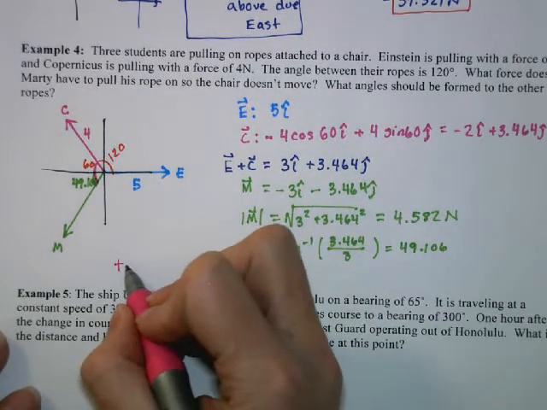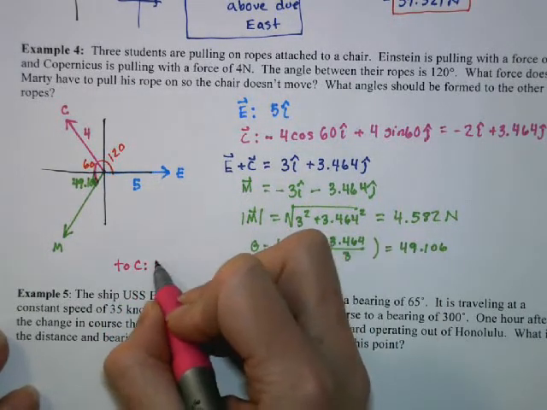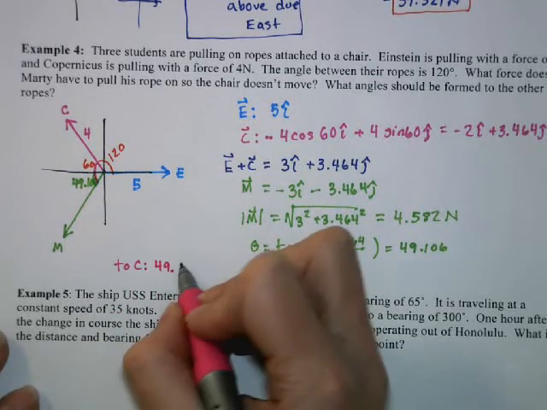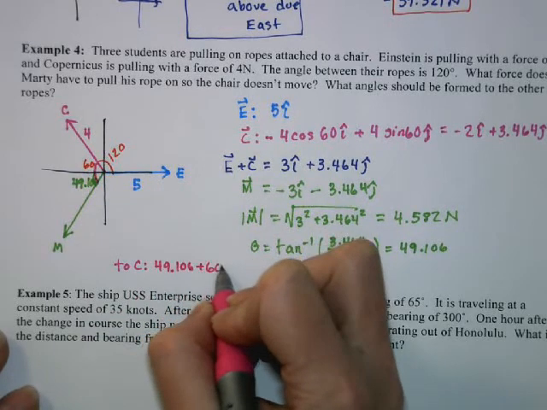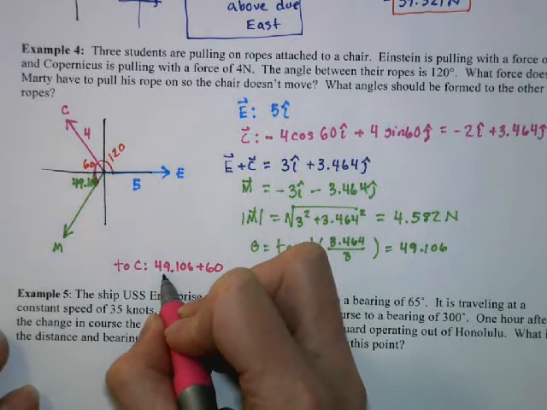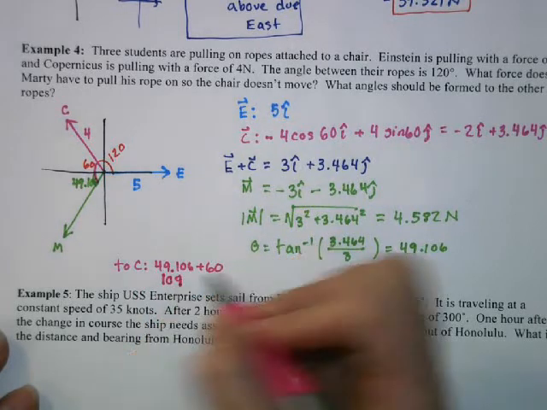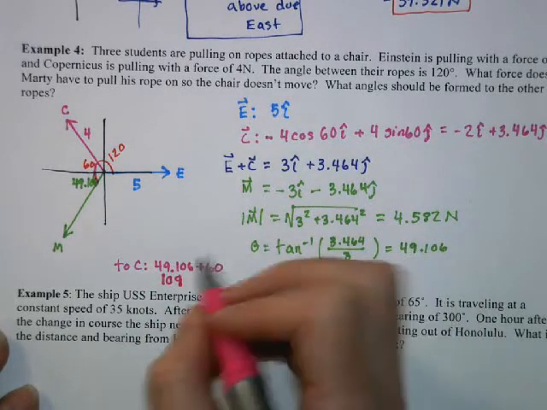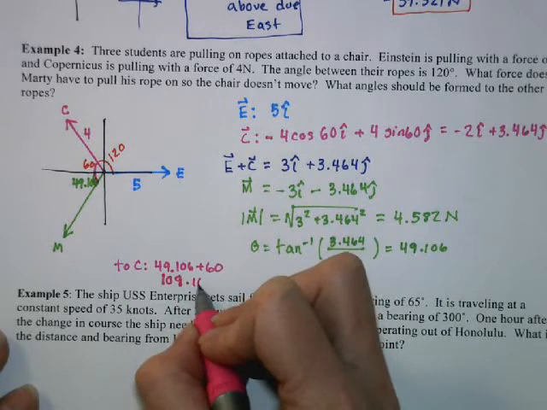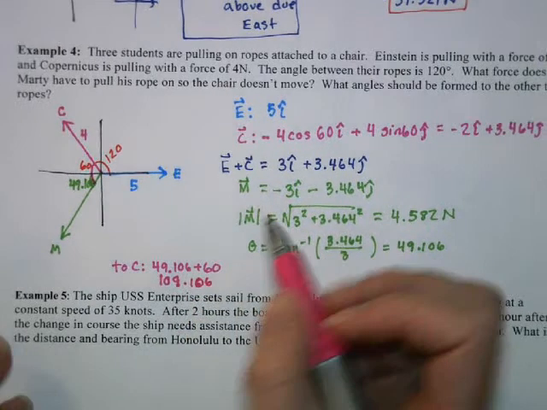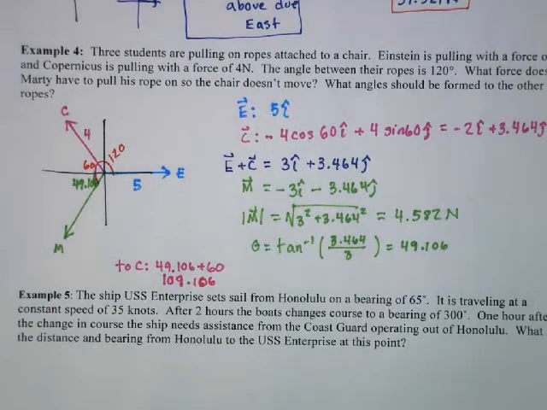So I'm just going to say the angle to C is 49.106 plus 60. So that's going to be 109.106. Okay, so that's our first angle.